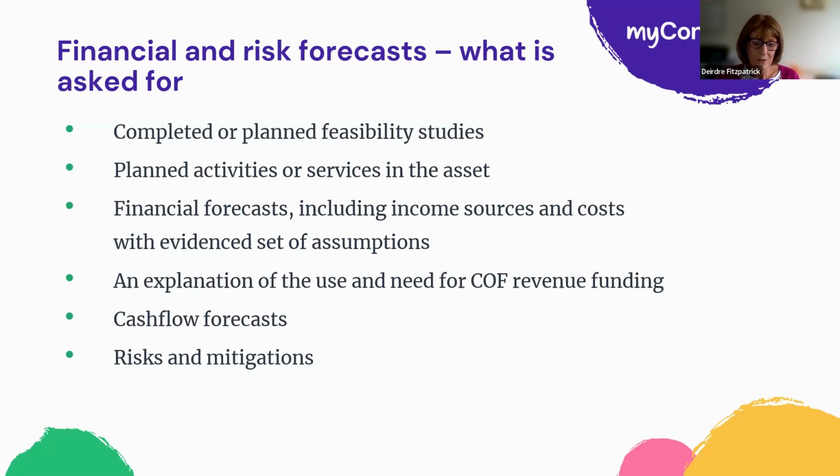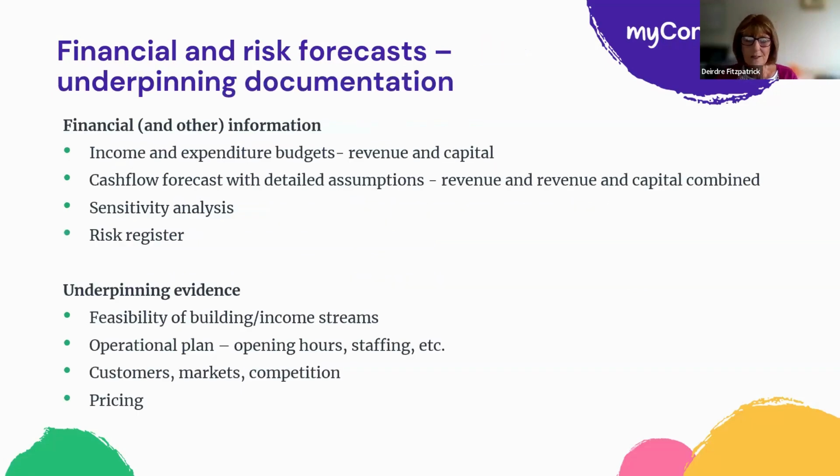So what do you need in terms of the underpinning documentation for that? You're going to need a 5-year cash flow forecast, income and expenditure budgets for, as I say, 5 years, cash flow forecast with detailed assumptions, which we mentioned, and a sensitivity analysis: what happens if the income goes down, are we operating literally on a knife edge, or if electricity costs soar as they have done, and fuel costs soar as they have done, where do we stand on that?